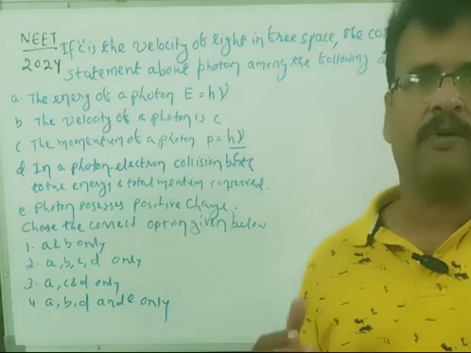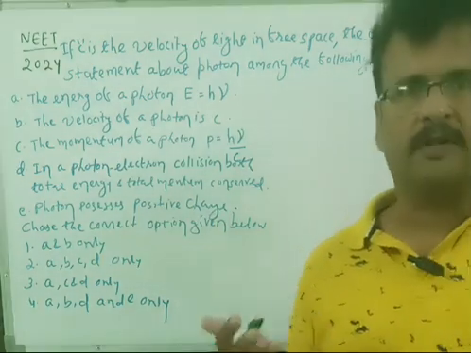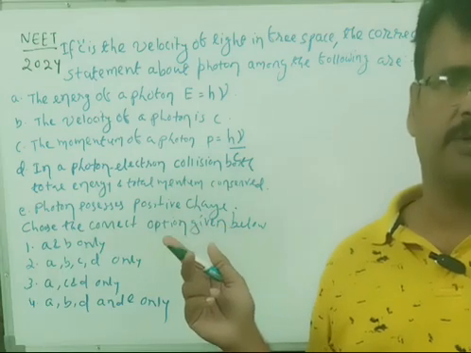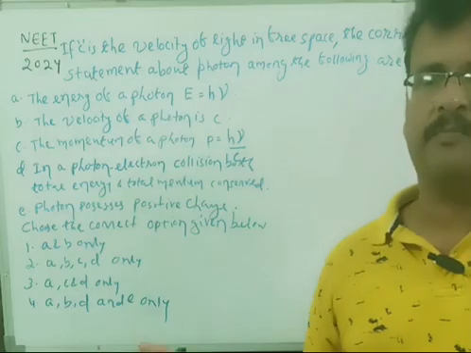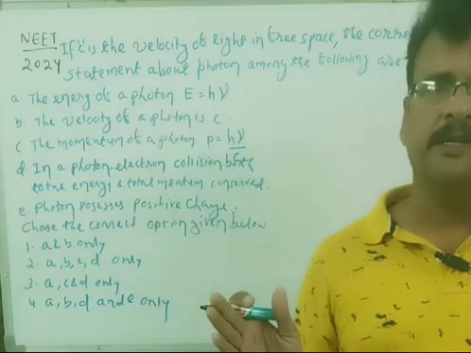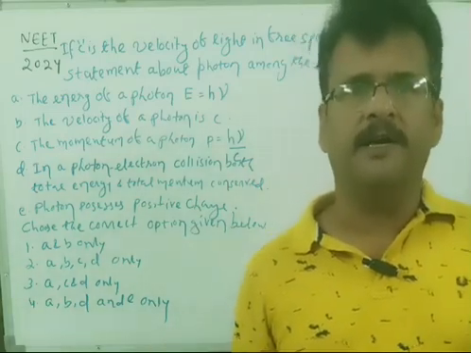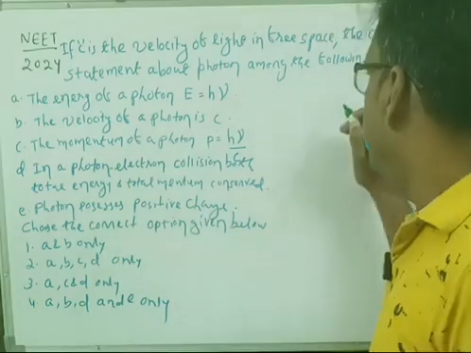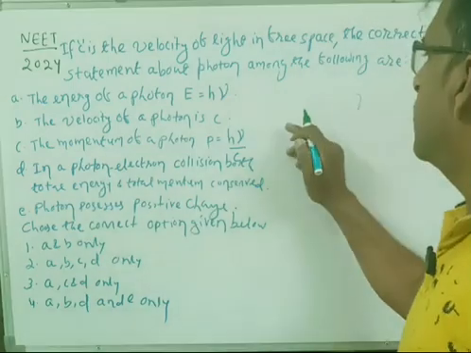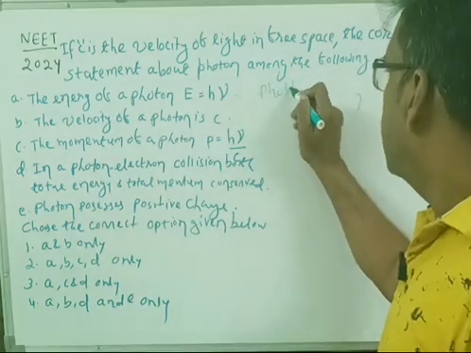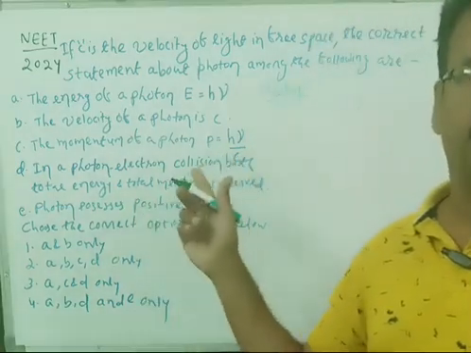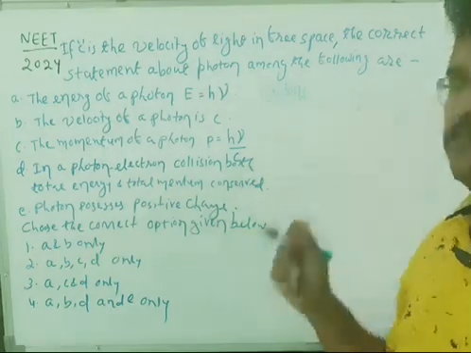But later, according to the quantum theory and after further development in Einstein's famous photoelectric equation, he propagated that light consists of particles that are characterized by their frequency nu. Light consists of particles known as photons, and each photon is characterized by its frequency nu.